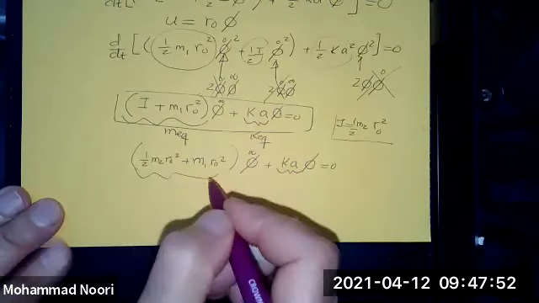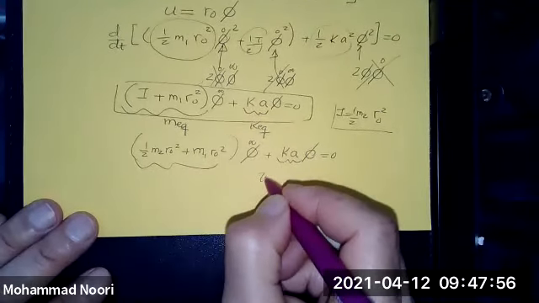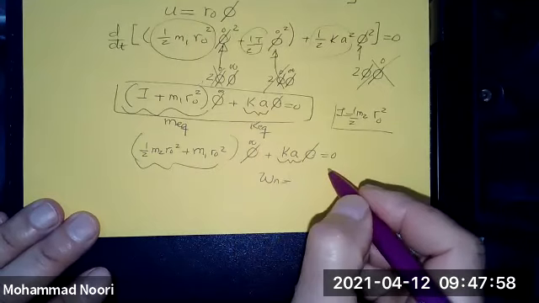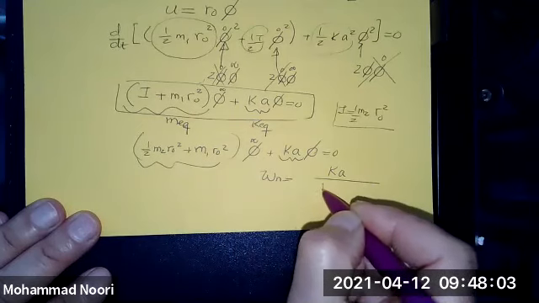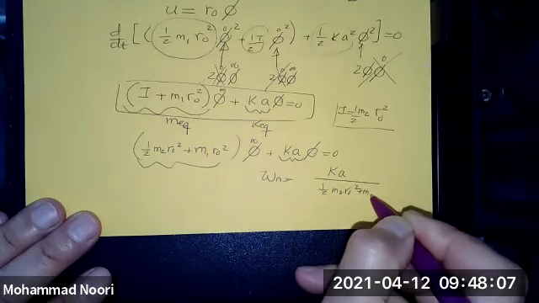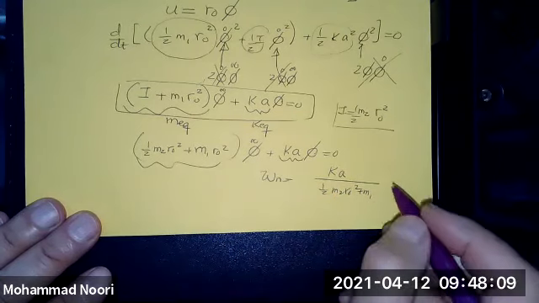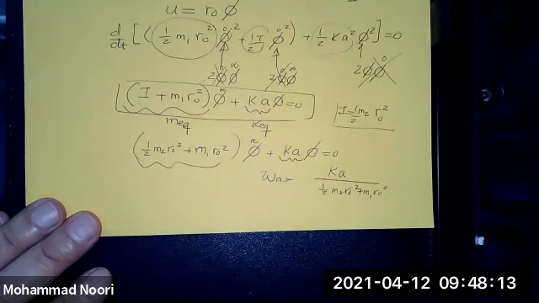So omega n, which is what you probably want to find, is K A squared over 1/2 M2 R naught squared plus M1 R naught squared.